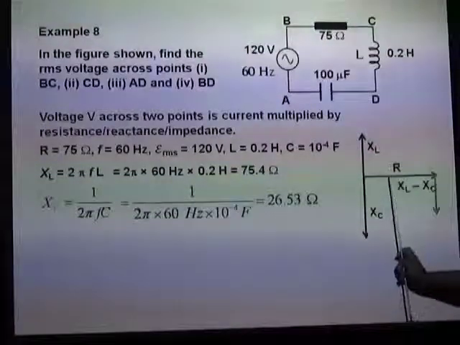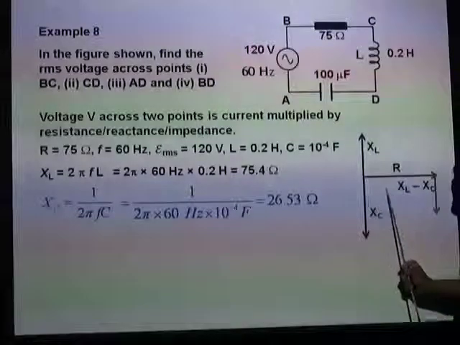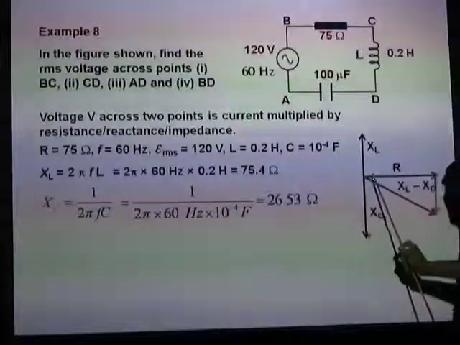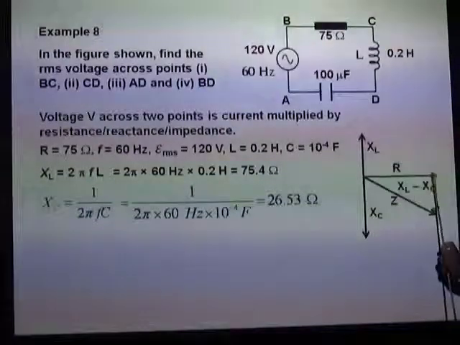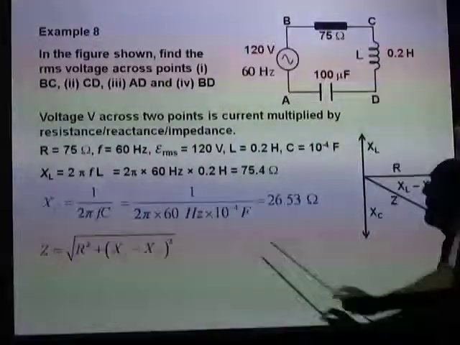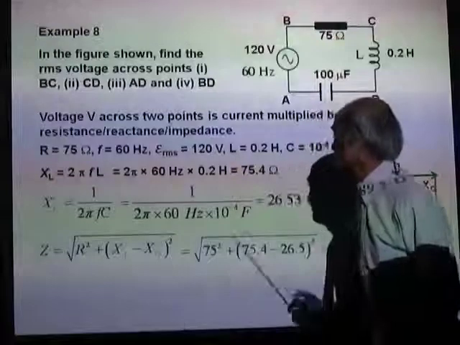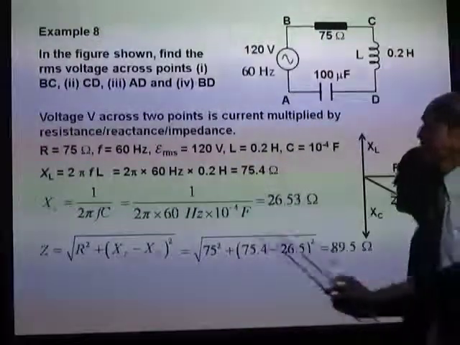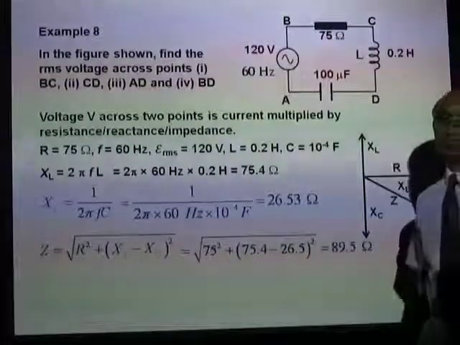XL minus XC, you can now calculate XL minus XC, and the impedance Z will be the square root of R squared plus (XL minus XC) squared. There you are. Now, we got all these values, and substituting them, we got the total impedance is 89.5 ohms.